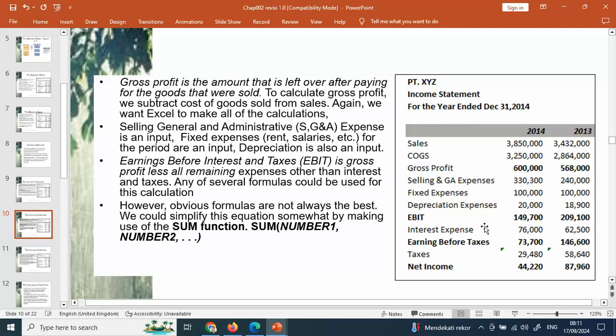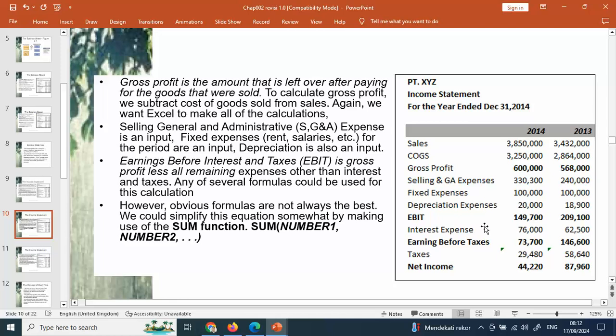So in this income statement, gross profit is the amount left over after paying the cost of goods sold. What is cost of goods sold? The cost of goods sold is the HPP in Indonesia, or the cost of the goods that are sold.